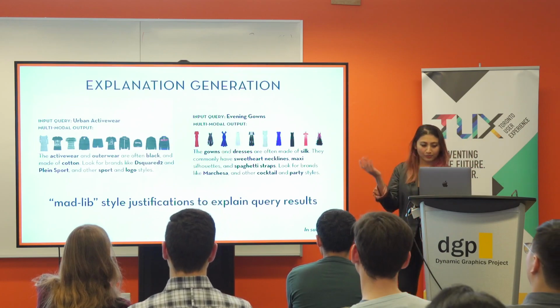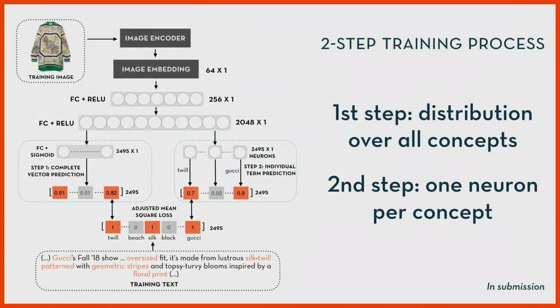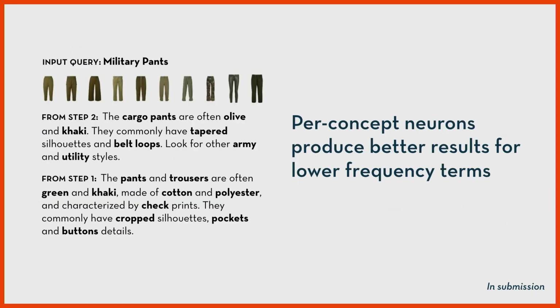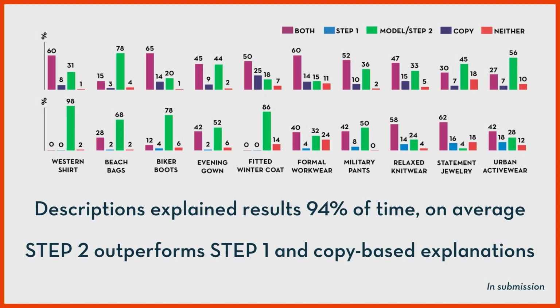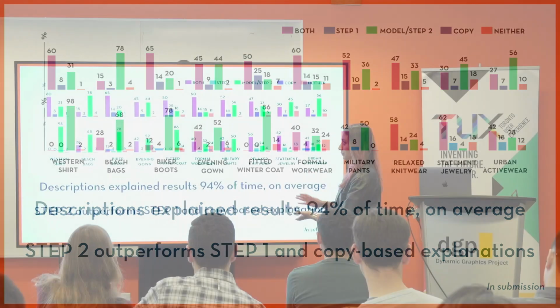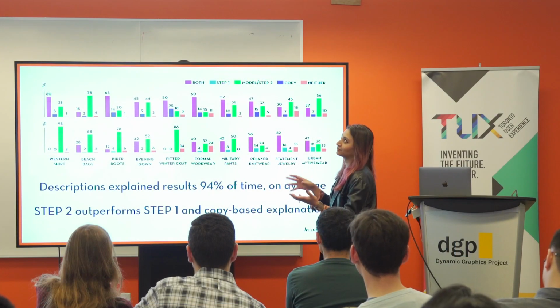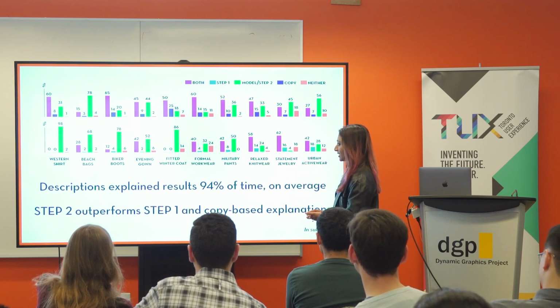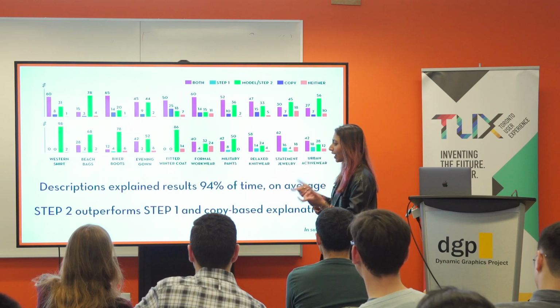So I'm going to skip over these details, but basically we did a user study, and we found that 94% of the time people felt like the descriptions actually were explaining the results, which is good. Obviously, I think we can improve our method of generation here, but this was our first attempt at generating these kind of whys.